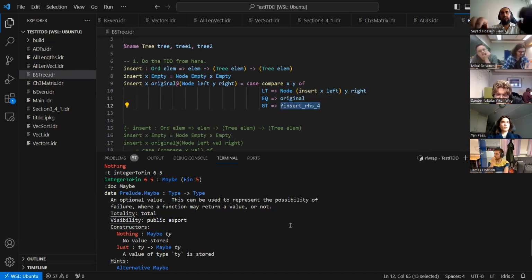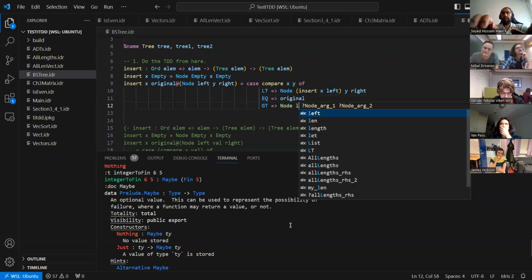Now, Mikhail, can you please help me with this one? The same as less than or LT, just swap the node, insert the left node with the right node. Okay, so let me see. What do I put here? Left.